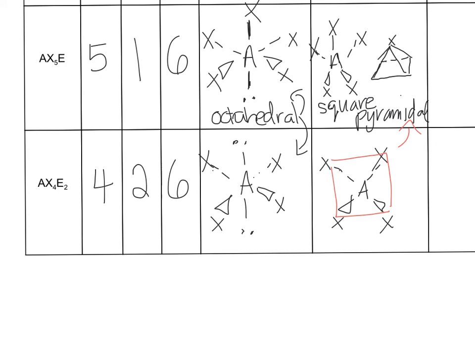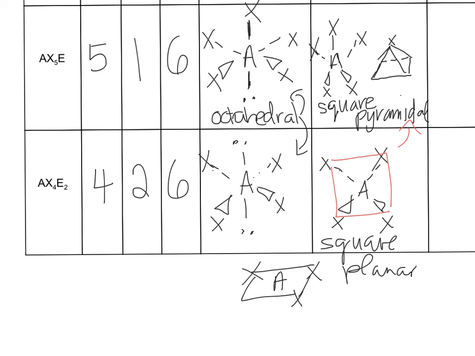So it is just square planar. So it's all in one plane, square planar. An example of this is xenon tetrafluoride.